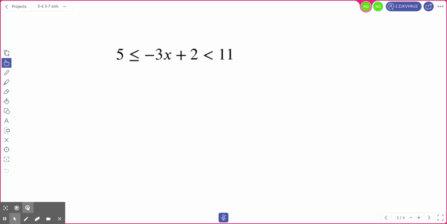And to solve it, we can break it apart and then put it back together at the end. So we can rewrite this as 5 is less than or equal to negative 3x plus 2. And you can also do this all at once, but I believe people will make fewer mistakes if you break it into 2 and solve them that way.